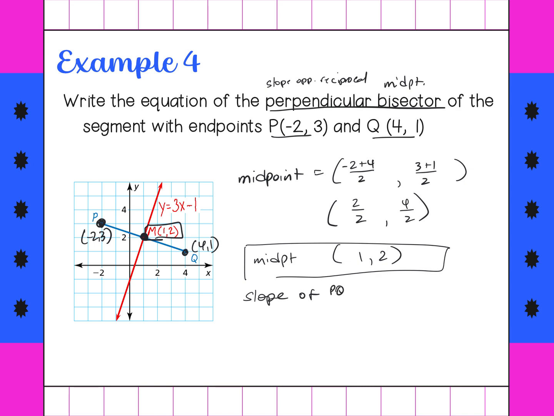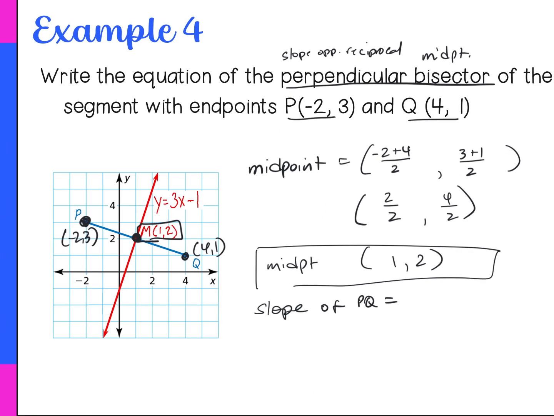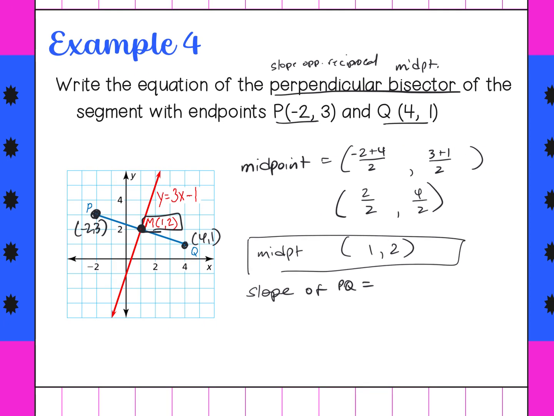Well, the slope of PQ, I could count if I wanted. I know the slope is rise over run, and from P to Q, I'm going down 2 units, and I'm going to the right 1, 2, 3, 4, 5, 6 units. So I know the slope of PQ is negative 1/3.